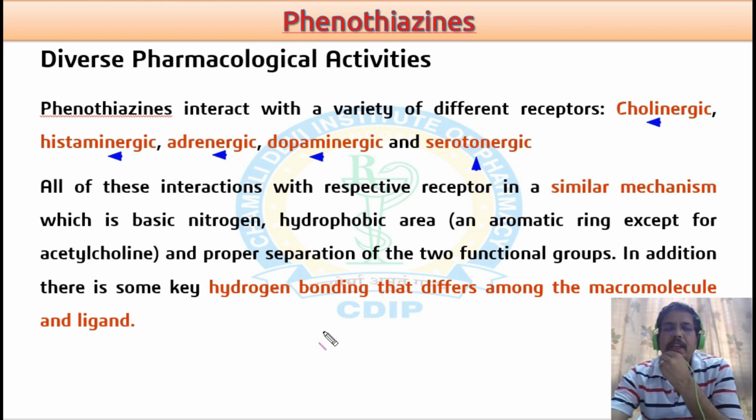Apart from that, there is also some specific van der Waals interaction which is responsible for this selectivity.